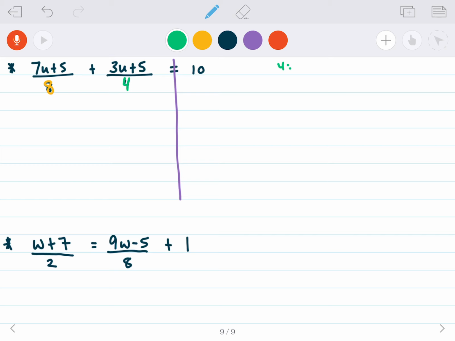It's probably a better idea if you do multiples of your smaller number first. So we have 4, 8, 12, etc. For 8, we have 8, and then we don't have to do the etc. because we found it. So the least common multiple that we're going to multiply both sides by is 8. So let me go ahead and multiply both sides by 8.